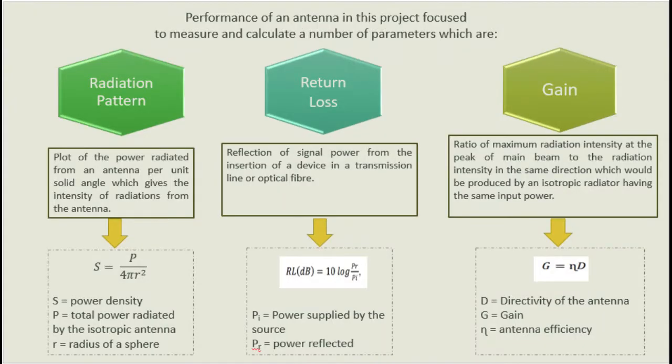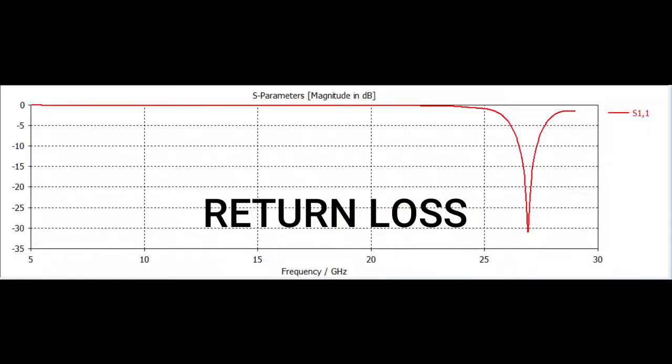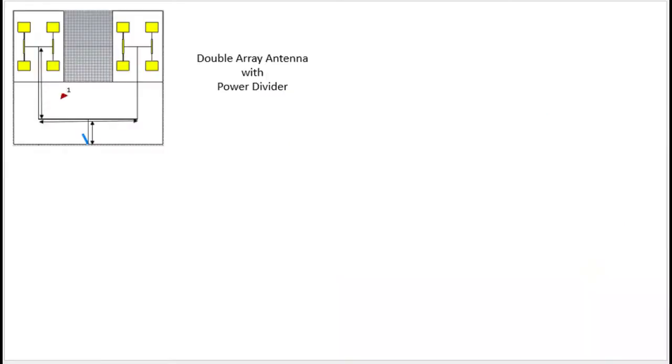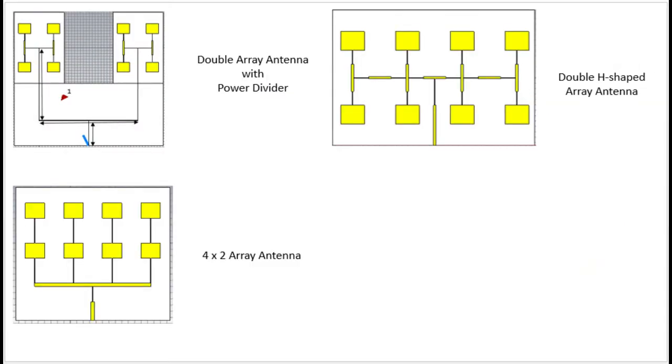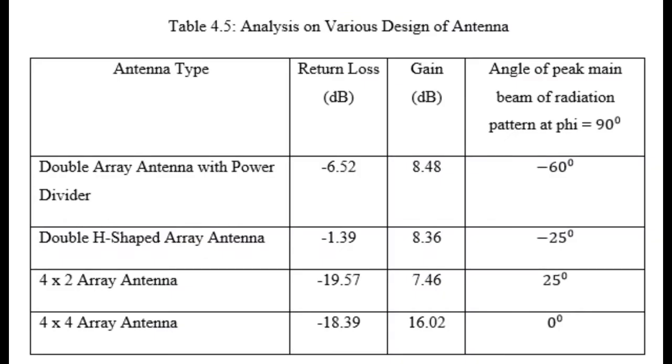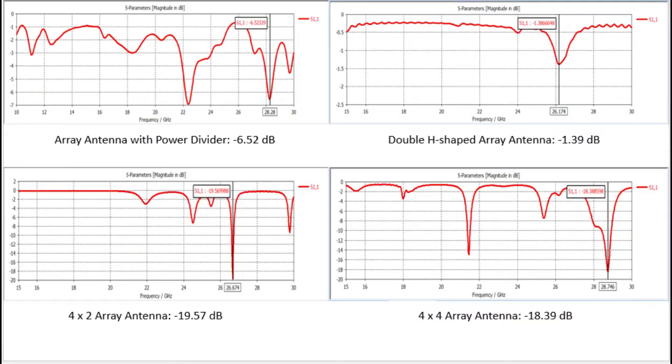There are 3 main parameters that have been analyzed in this research, which are return loss, gain, and angle of peak main beam of radiation pattern, to differentiate and observe the 4 designs, and the best design which answers the main objective will be selected. This table shows the tabulated results for analysis on various designs of antenna. So, let's start with the analysis.